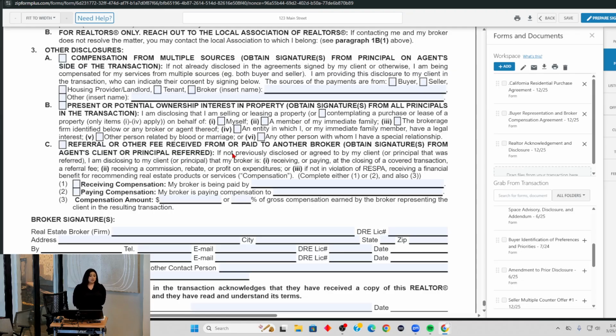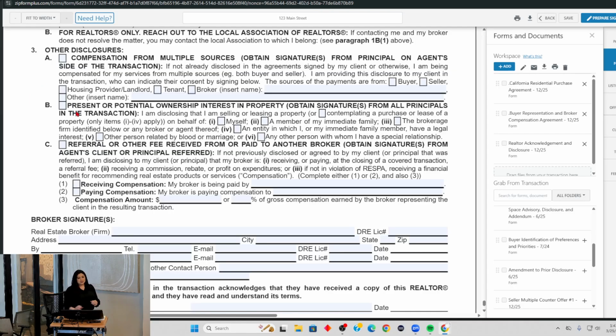Letter A is saying if you are receiving compensation from multiple sources. If it's not already disclosed, so if you have it in the RPA or counters that you're getting compensation from the seller and the buyer, then it's covered. Otherwise, if it's missed, you would mark this box and disclose that you're getting compensation from the seller and the buyer.